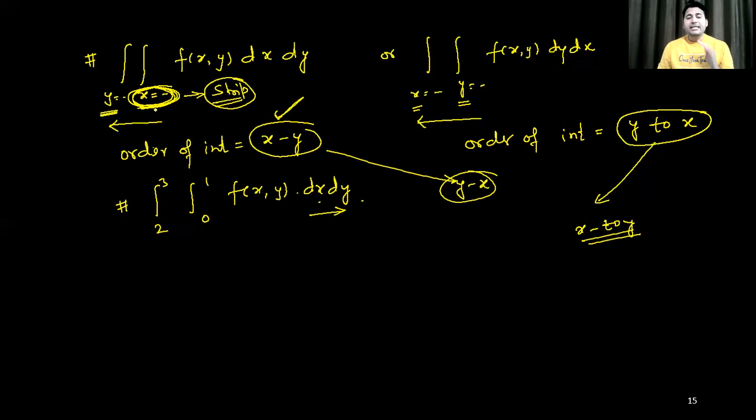It means they have taken a strip parallel to x-axis. So we have to do nothing but just reverse the strip. If the question takes an elementary strip parallel to x-axis, we have to make it parallel to y-axis. If they are taking it parallel to y-axis, we have to make it parallel to x-axis. Let us see how we can do it.